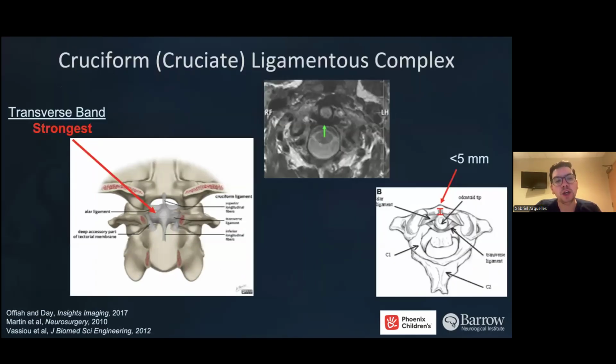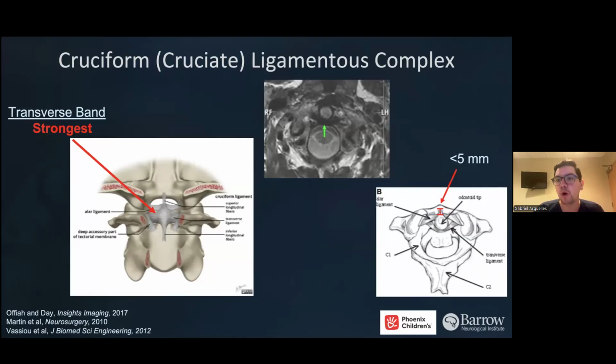And then going horizontally on this cruciate ligamentous complex, we see the transverse band. That's one of the strongest, if not the strongest, craniovertebral junction ligaments. Some people think it's the most important ligament in the body overall, given that its disruption can be really consequential for patients' neurologic function, depending on compression of the spinal cord.